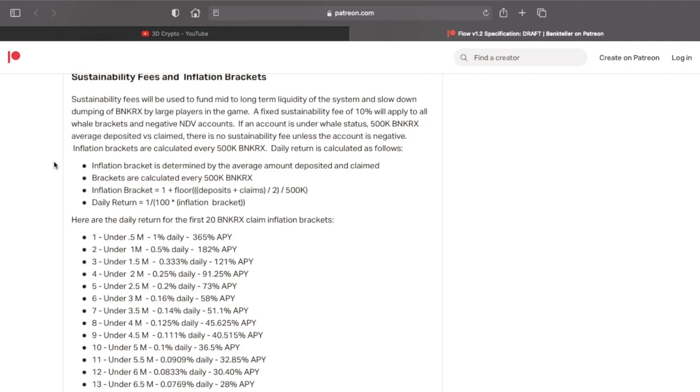And obviously if you are in a net negative state, there will be a fixed sustainability fee of 10% which will apply to you. So basically that means whatever you claim, there will be a 10% fee deducted as a sustainability fee. And obviously there's also whale brackets, so I will leave the link to this Patreon post down below.